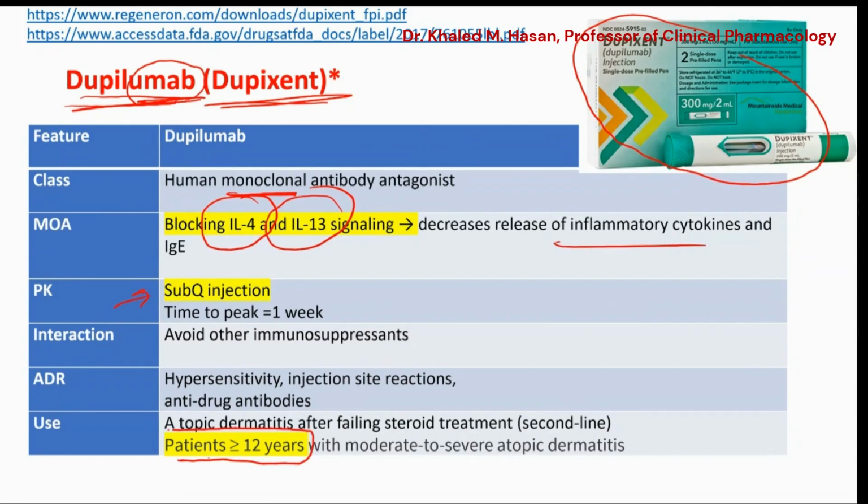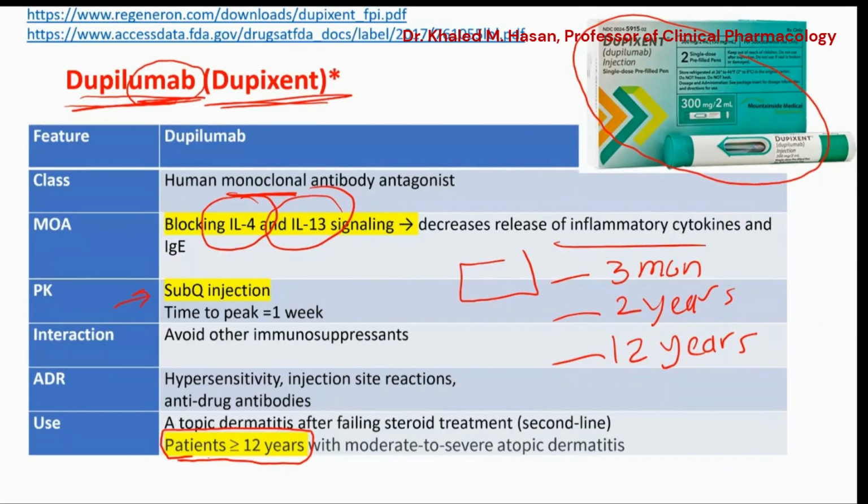We prescribe for patients above or equal to 12 years. Now we have 3 months, we have 2 years, and we have 12 years. We need you to put the name of the medication here. Does that make sense? Which one for 3 months? Which one for 2 years? Which one for 12 years?